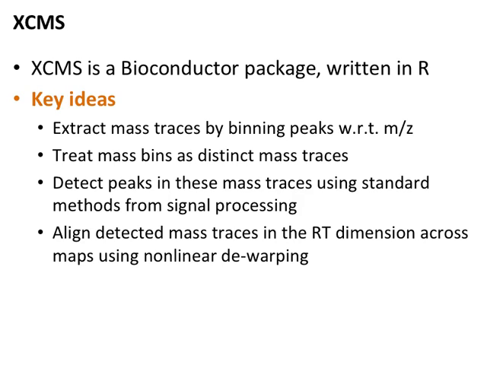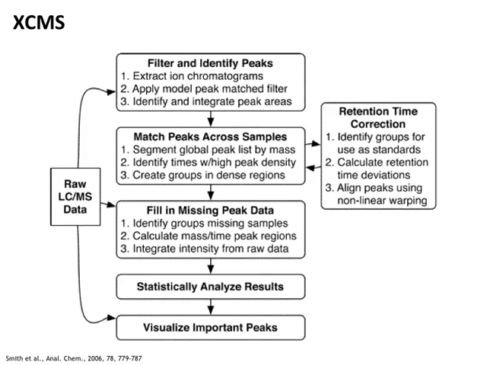So they simplify the overall spectra, and then detect peaks in these mass traces by just doing standard signal processing on these bins. Then these mass traces are aligned using non-linear dewarping, so you can have a look at that.